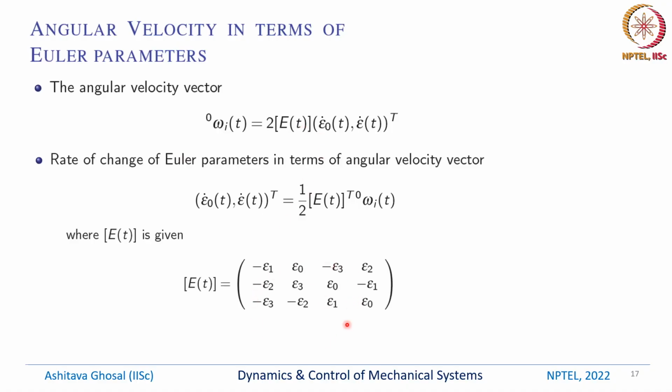The E matrix from the previous slide is a 3 by 4 matrix, so inverse is not possible, but we don't need to obtain the inverse. In one case you have 2 E, in the other case it is half E transpose. So it's a very nice way of showing how the Euler parameters and their time derivatives are related to the angular velocity vector.